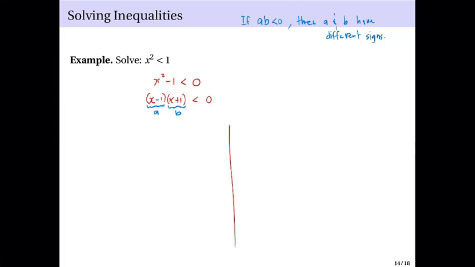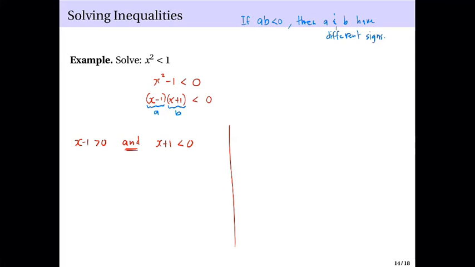The first case is that x minus 1 greater than 0, and take note of this word, and, x plus 1 less than 0. So they have different signs. But these two inequalities here must be satisfied at the same time.